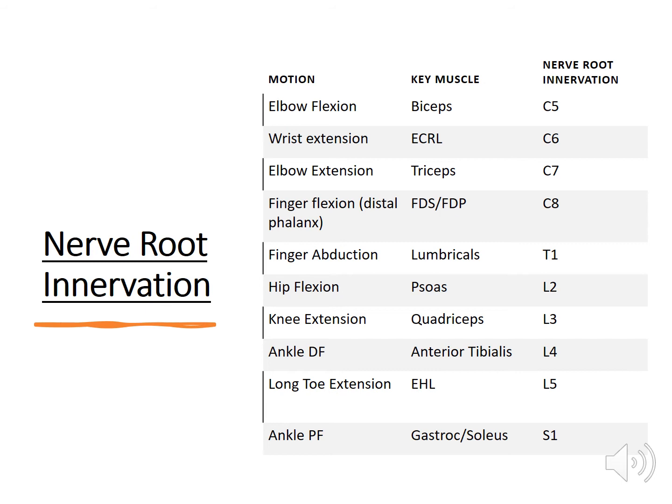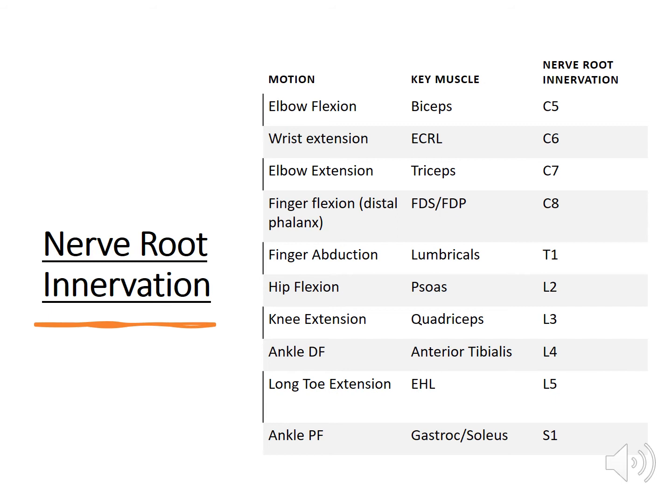So if I say in a question, your patient had a spinal cord injury at C5, you need to tell me what the patient is able to do based off of what muscle is being innervated at that spinal level. So you would be able to tell me that the patient is able to use their biceps.